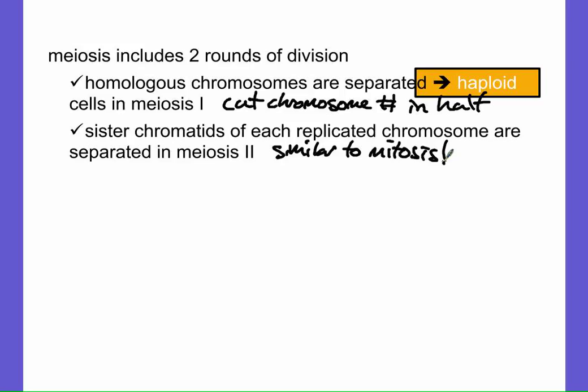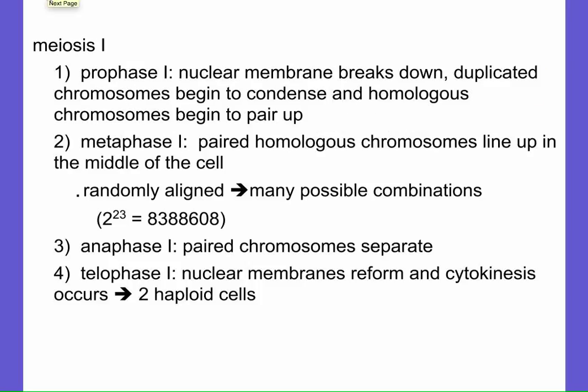Right, so we'll have a couple different pictures to follow with later. But in that first round of division, there's a huge difference when you're separating the homologous chromosomes versus the sister chromatids. So that takes us to meiosis 1 here, so we can see all the information. Again, this is not necessarily that useful. We probably want the picture instead, so we'll draw a picture to go with this. But if you look at number 1 here, prophase 1, the nuclear membrane breaks down.